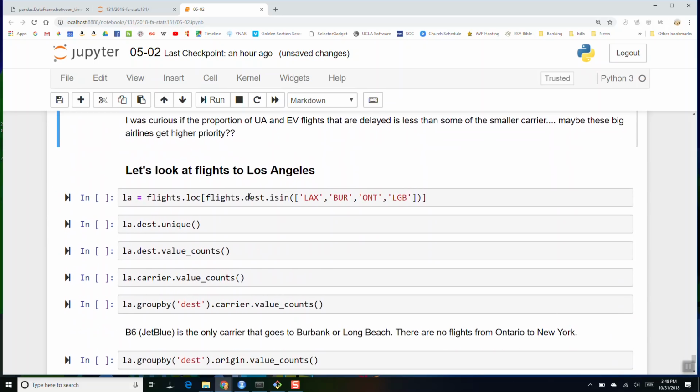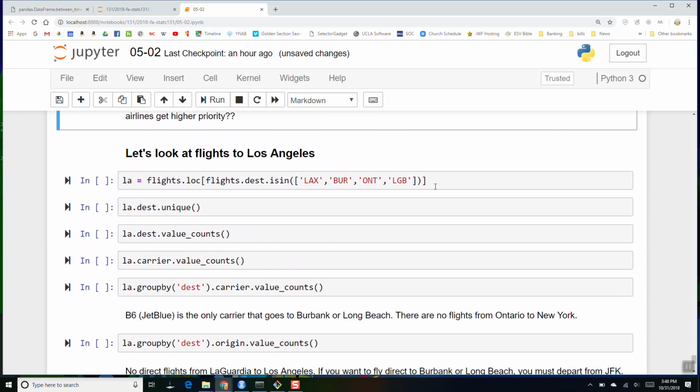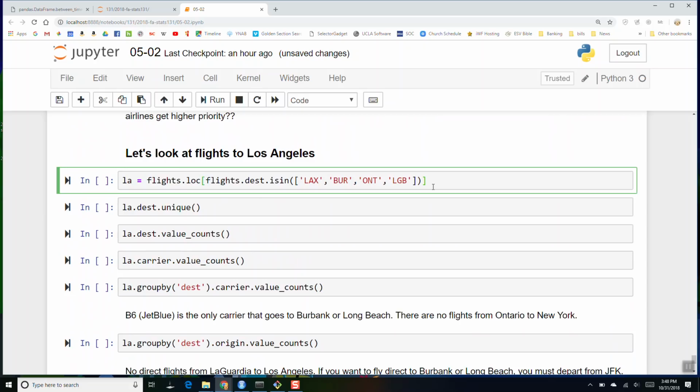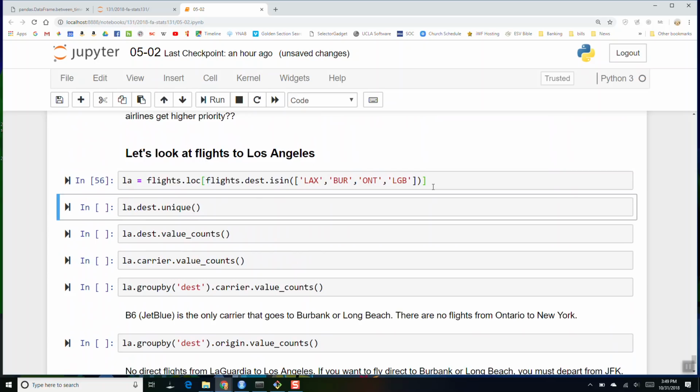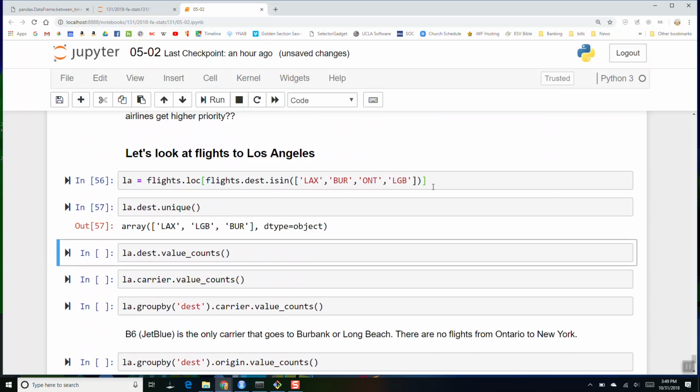Okay, so to be done later. All right. Here I was just curious about flights coming to LA, and so that we have 4. I think there's only 4 LA airports: LAX, Burbank, Ontario, and Long Beach. Apparently there's no direct flights from New York to Ontario. So these are all just direct flights, right?